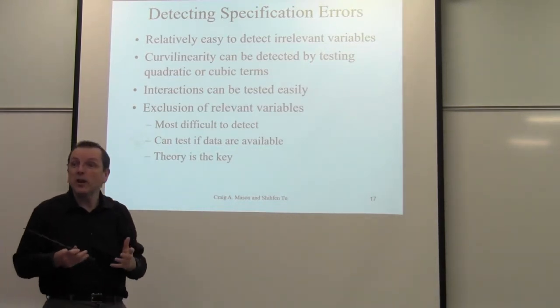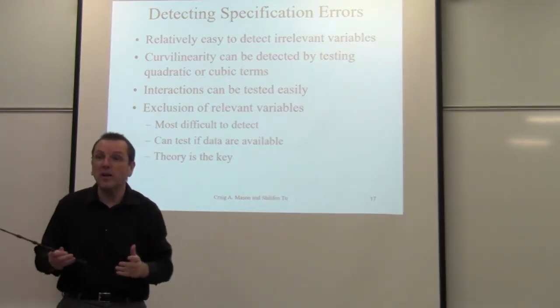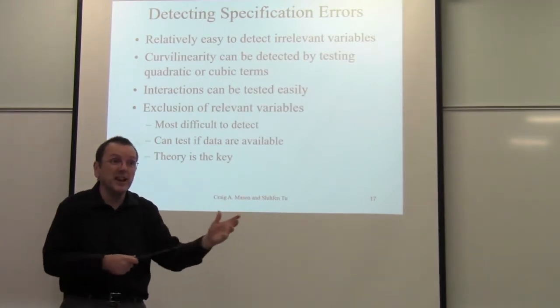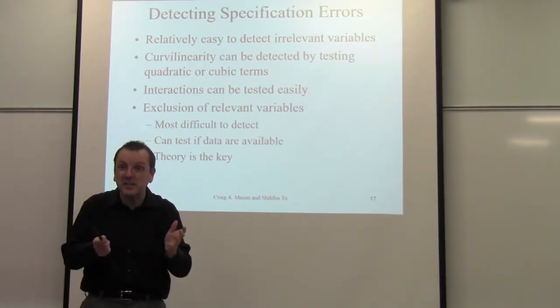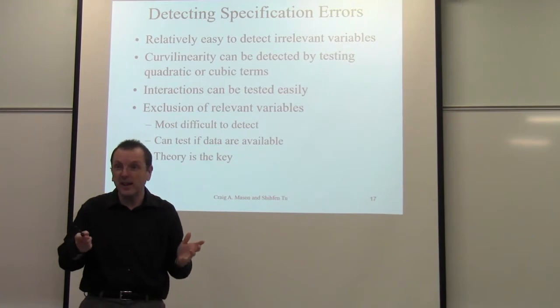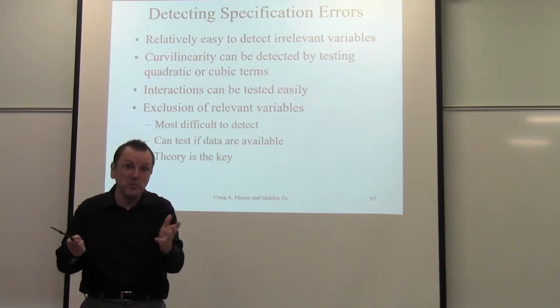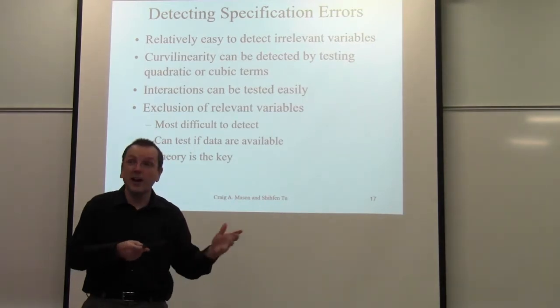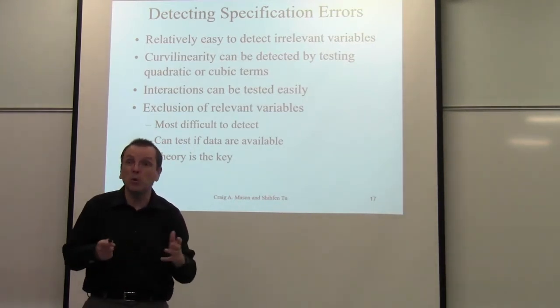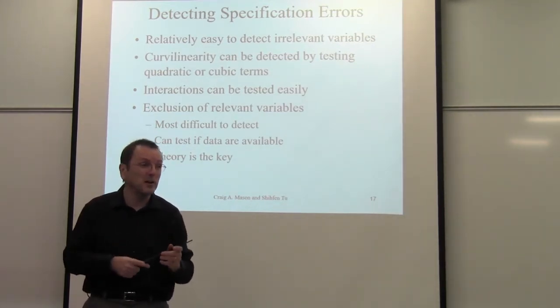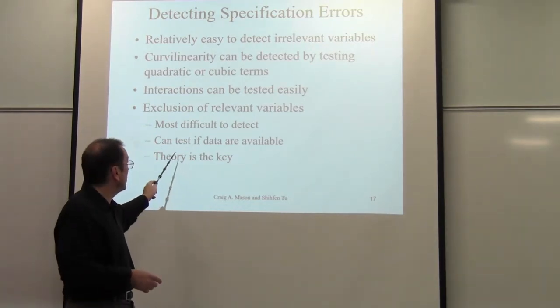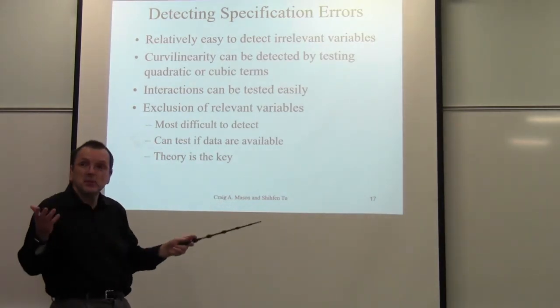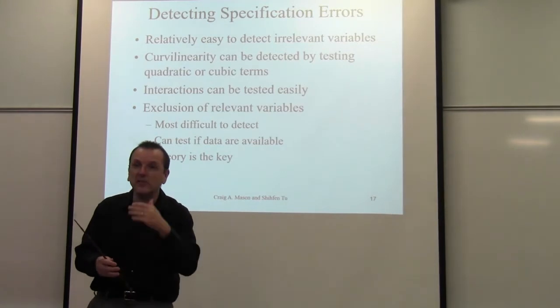How do we know if I've left out an important variable? Well, if you have the data, you could put it in the model and test it. But if you don't have the data, which is probably why you would be excluding an important variable, there's really no way to test it, and that comes down to theory.